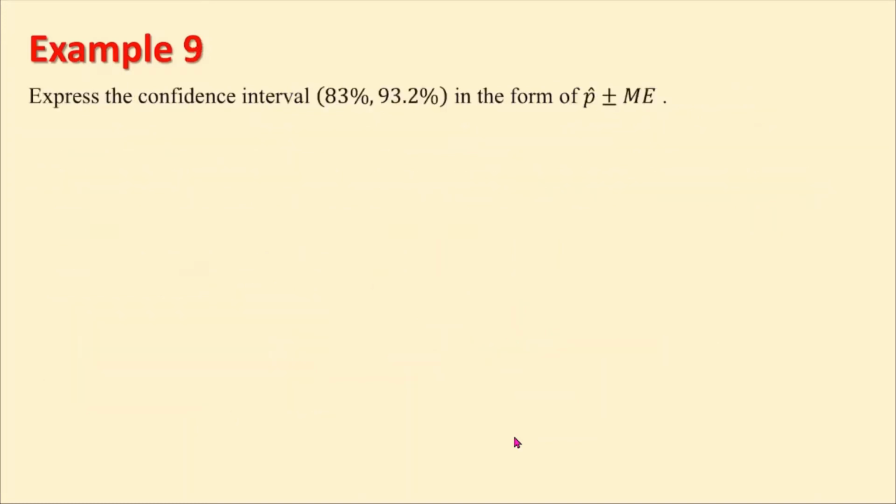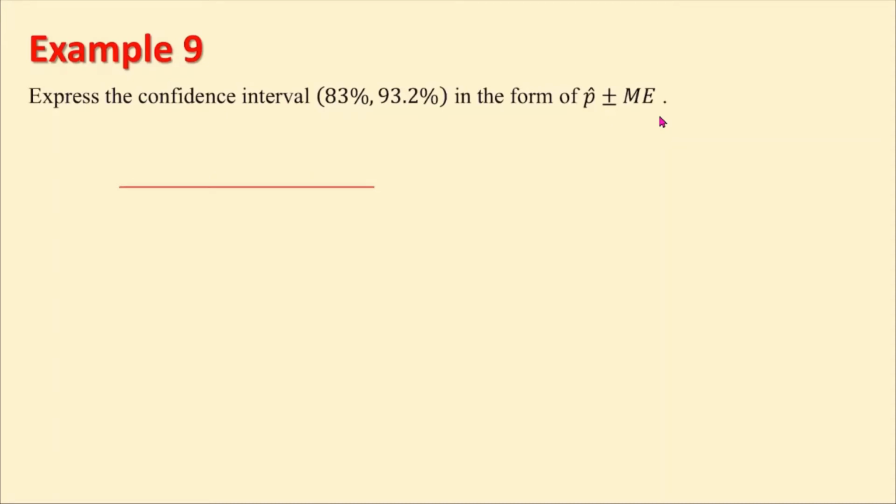Let's move on to example 9. Here is our example 9. Express the confidence interval in the form of p hat plus or minus margin of error. If you think of the general confidence interval, it will be like this. Let me draw a quick diagram here using the number line.